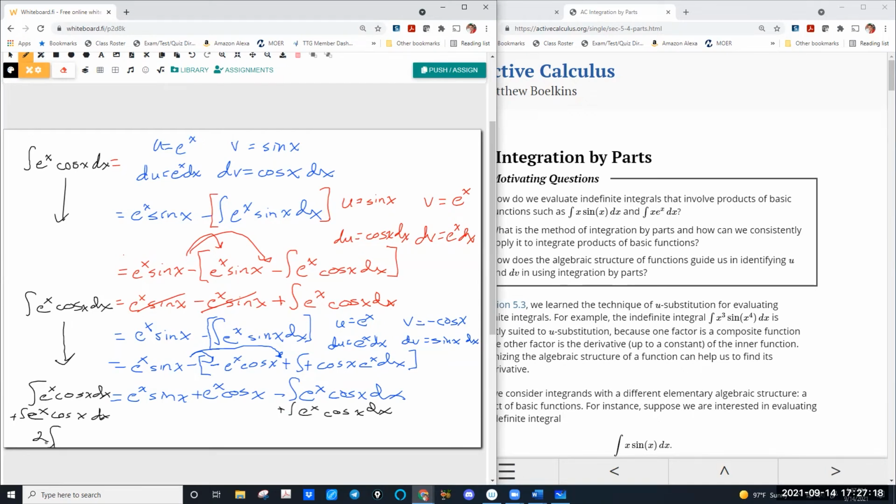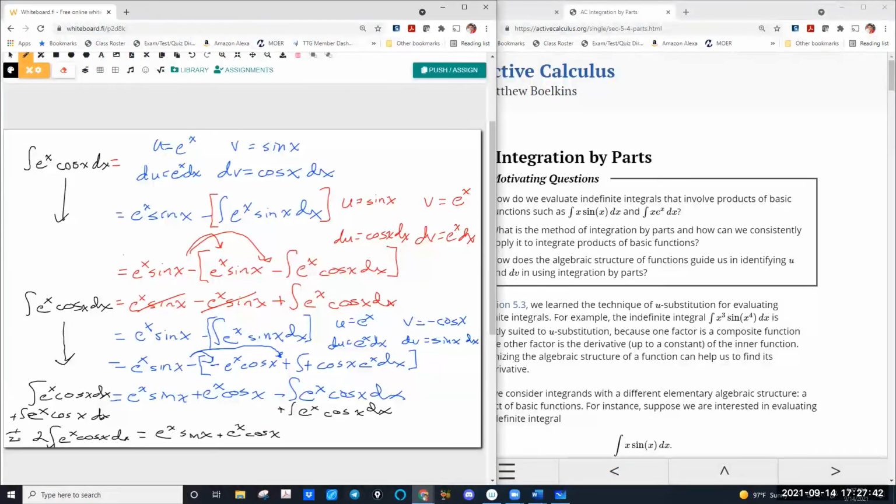2 times the integral of e to the x cosine x dx equals e to the x sine x plus e to the x cosine x. Now, notice there's no integral sign left over here. We have something we can solve.